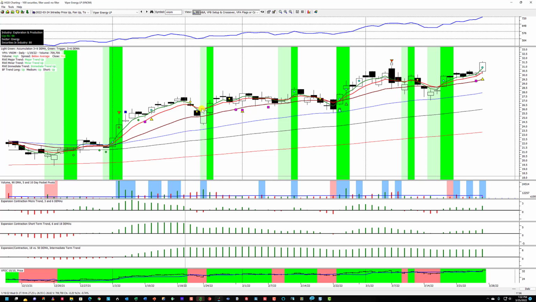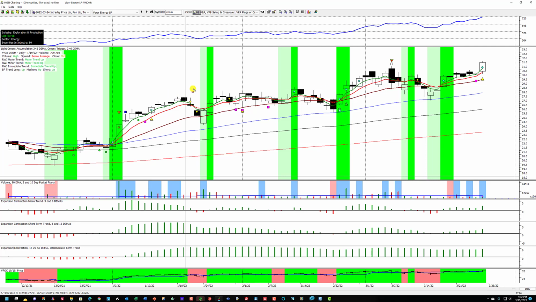Right here. It appeared here. It pulled back. It remained a market leader because it wasn't down more than 7% from the 52-week high. It based sideways, shot up and pulled back. It took a long time to get out of here, out of this area.